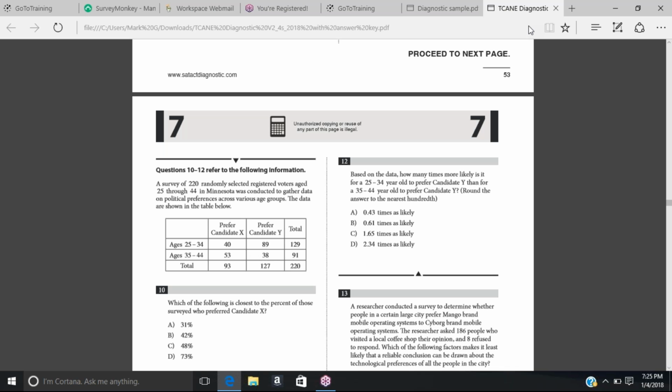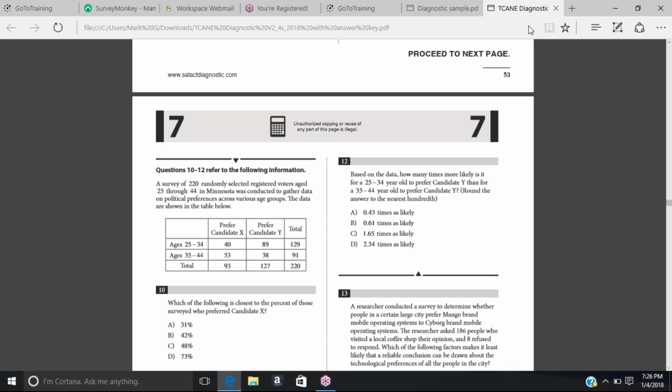Now, write that fraction down, 89 over 129. If you have a calculator, you could get a percentage out of it. Next, be careful. It's the second line, ages 35 to 44, and candidate Y. Again, don't go to candidate X. Candidate Y is 38 out of a total of 91.